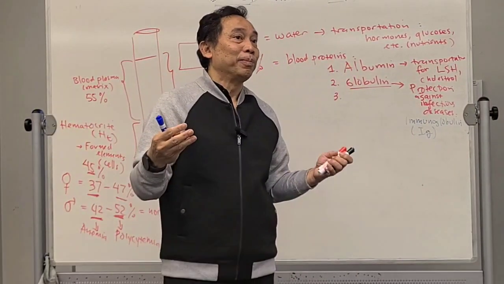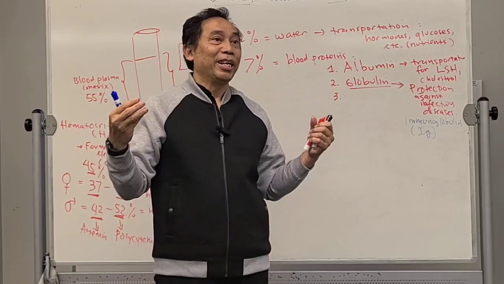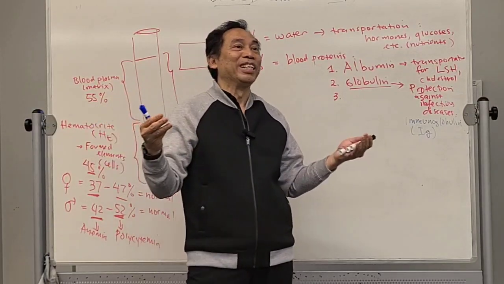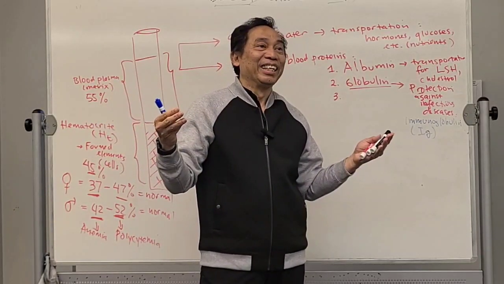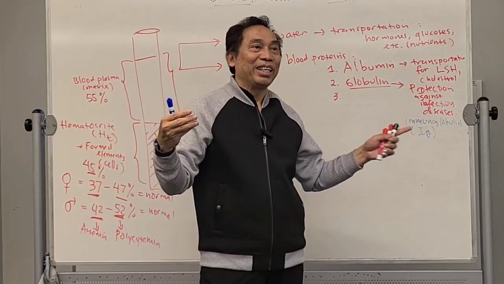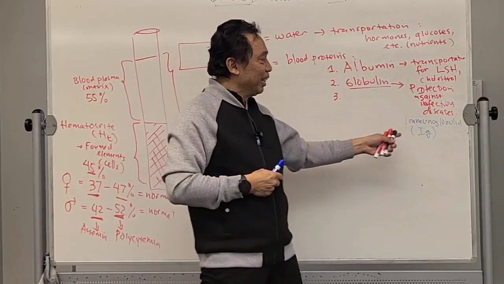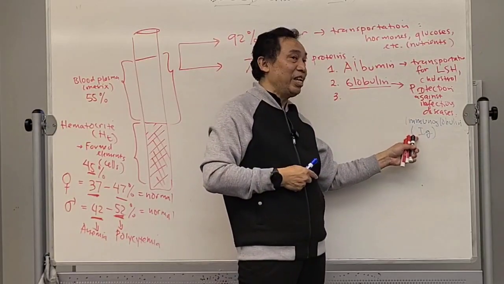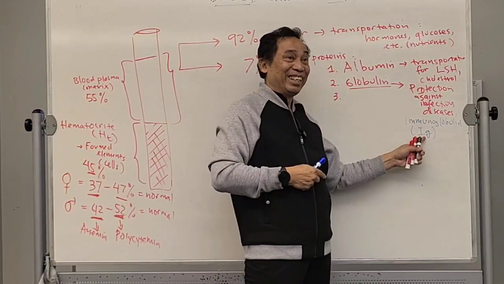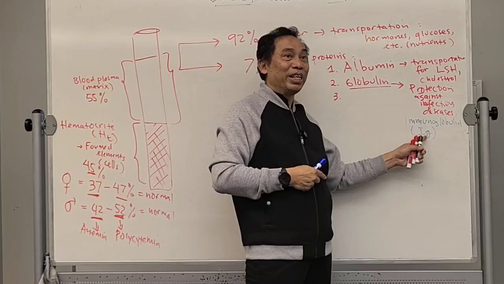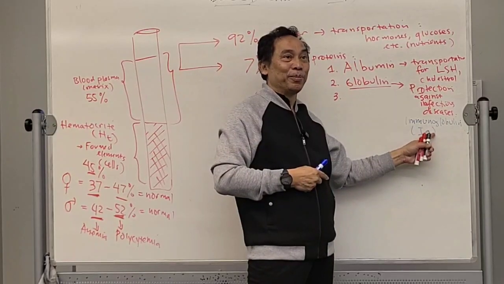What is immune system? Sarah, what does immune system mean? How much your body can fight against infection. Therefore, this globulin over here is called the immunoglobulin, right? This is the connection over there. This is globulin that's used for the immune system.